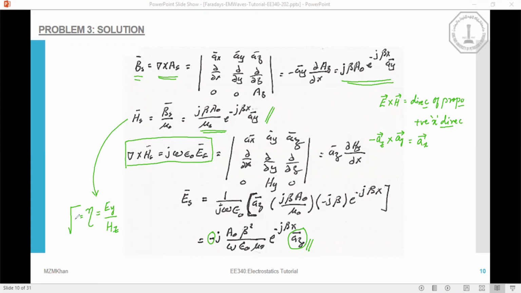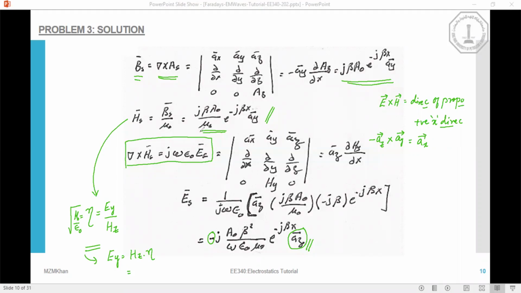Root of mu over epsilon, mu naught over epsilon naught. Yeah, you can use this, but you need to simplify. So from here you can find your EY, which is nothing but HZ times eta.